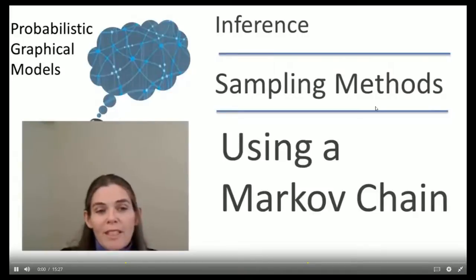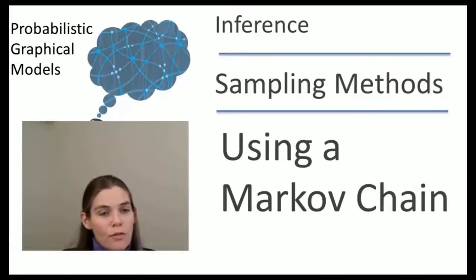We previously defined the notion of a Markov chain that allows us to generate samples from an intractable distribution. But we left unanswered the question of, assuming we have a Markov chain that has the desired stationary distribution, how do we go about using it in the context of a concrete algorithmic procedure?